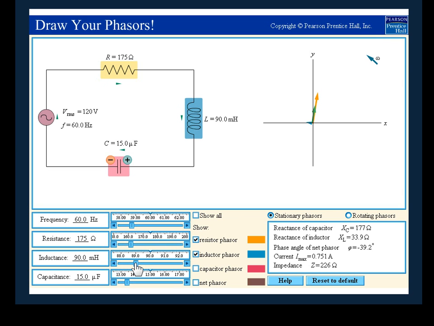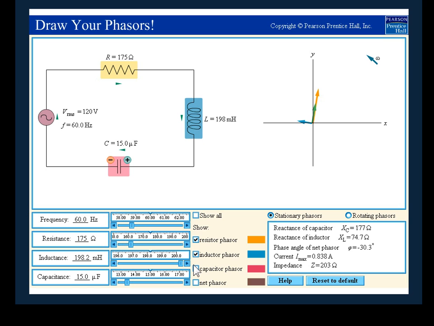So from 90 millihenries, we're going to go to as large as possible, 200 millihenries or so, and you can see that the length of this arrow increased. And of course, the direction of this arrow is such that it's leading the current by 90 degrees, since we know that the voltage across the inductor leads the current by 90 degrees.